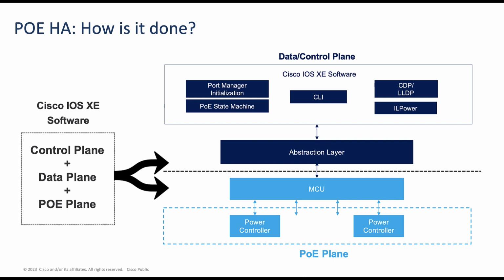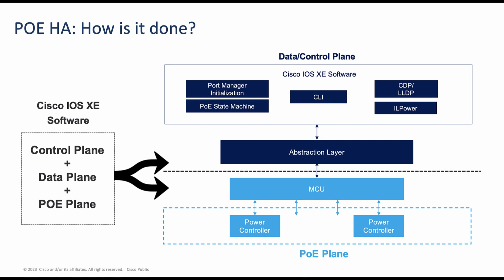This means by the time the switch completes its reboot and has its control plane and data plane up for forwarding, the PoE powered endpoint is ready to forward the traffic. This is done using a PoE plane, which is completely separate from the control plane and data plane on the Cisco switches.